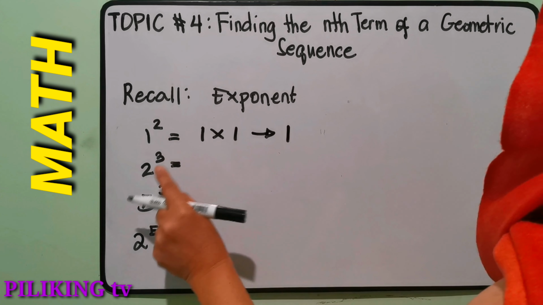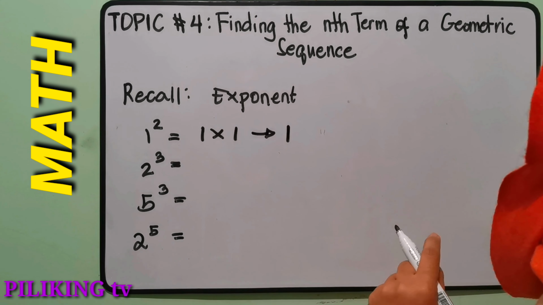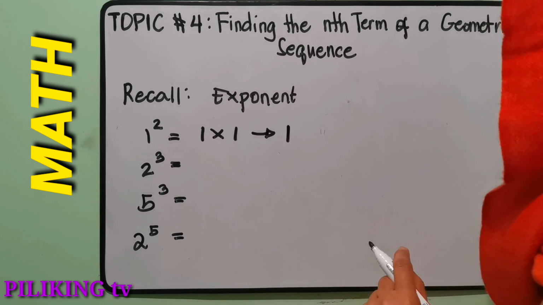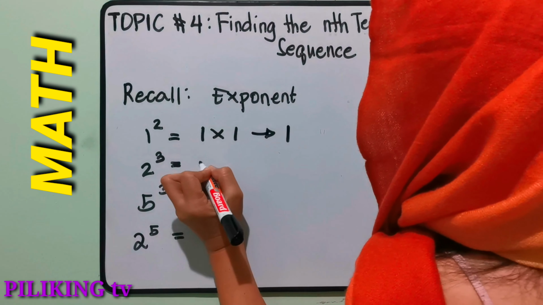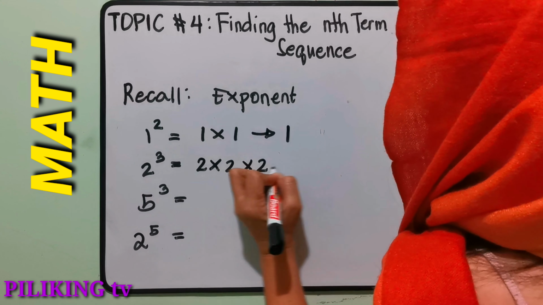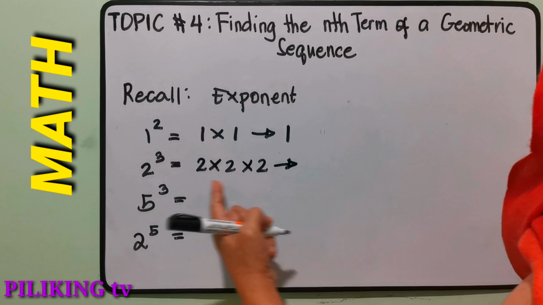Okay, now let's have 2 raised to 3. Our exponent is 3, so the base is 2. Meaning you have to multiply 2 by itself 3 times. So it means 2 times 2 times 2, and that is equivalent to 8.